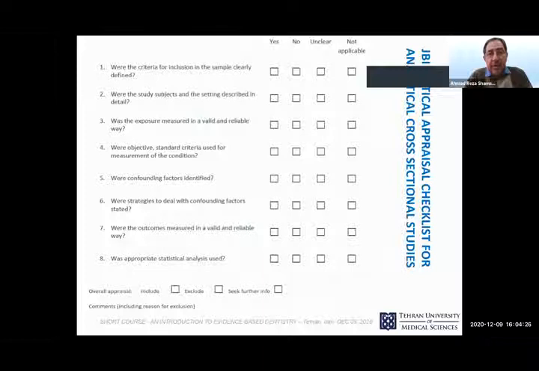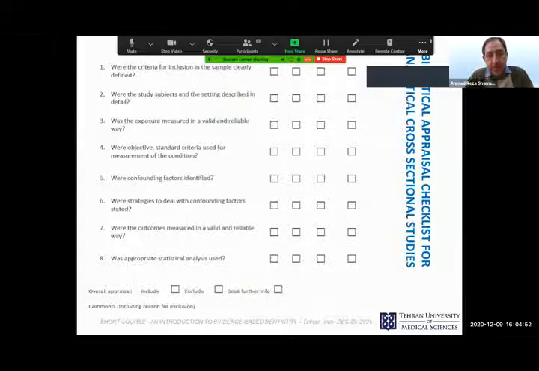For example, you can provide 1 if it is yes, or 0 if it is no. And for unclear, you should decide. In most cases, unclear is equal to no. And not applicable means that this item is not applicable for this study, so you can omit this item for that study.